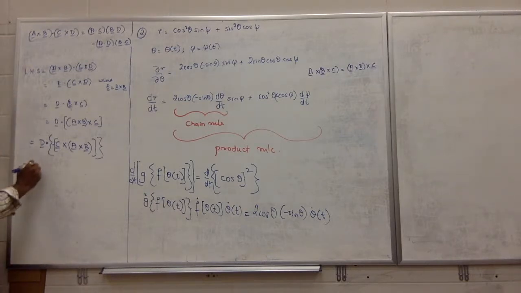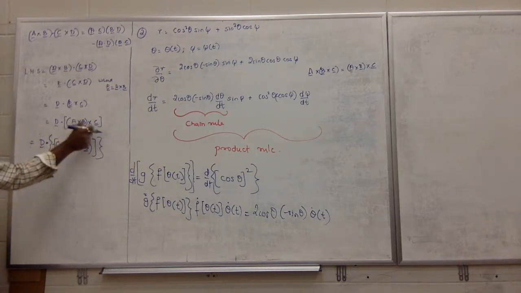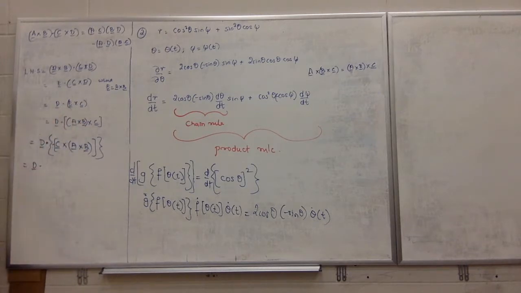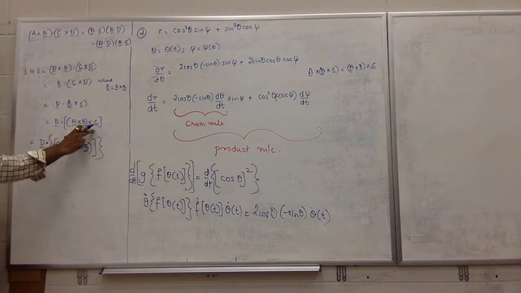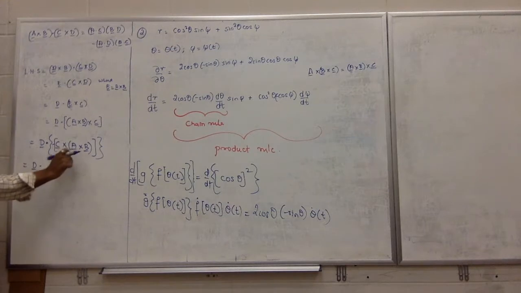So here there's a negative sign in front. A cross B is minus B cross A. If you switch, there's a negative, because the cross product is anti-commutative.